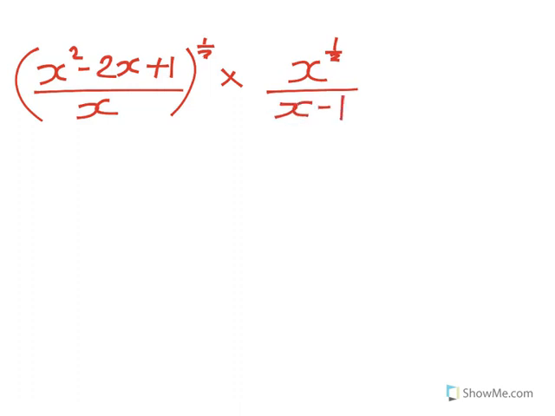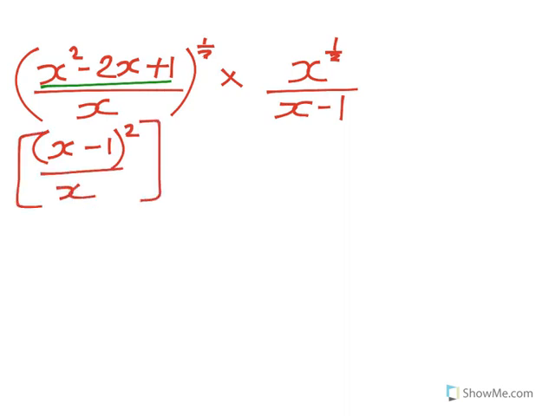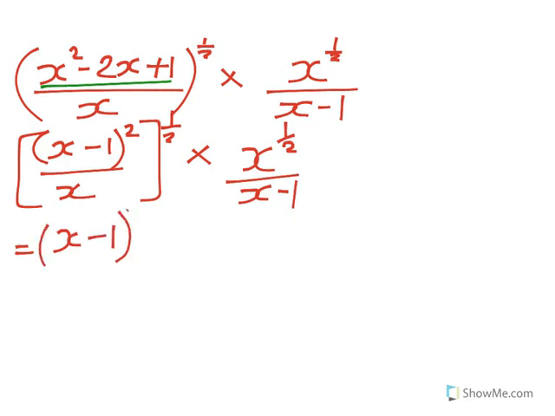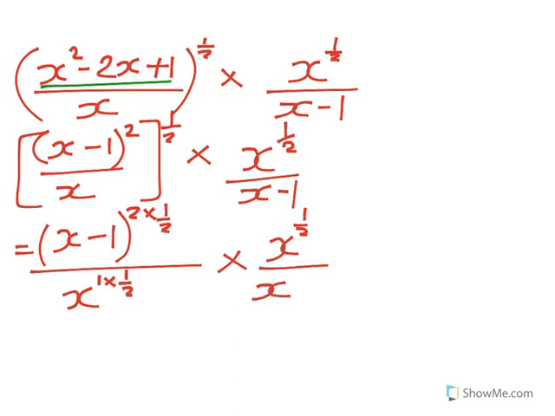Now if you simplify this trinomial, if you factorize it, you are going to have x minus 1 squared over x, remember everything is to the power half, times x to the power half over x minus 1, which is equal to, this half is the same as x minus 1 squared, times 1 over 2 over x to the power 1 times 1 over 2, that power affects everything, times x to the power half over x minus 1.